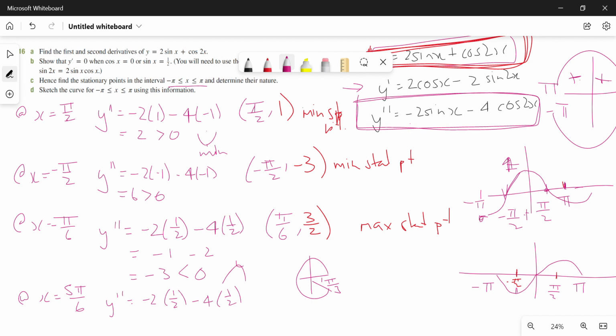So putting that together, we have a minus 1, minus 2, so that's minus 3, and minus 3 is less than 0. So if minus 3 is less than 0, we're looking at a maximum again.